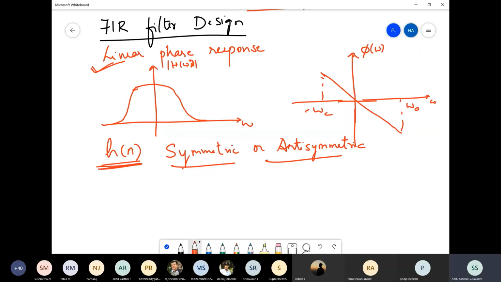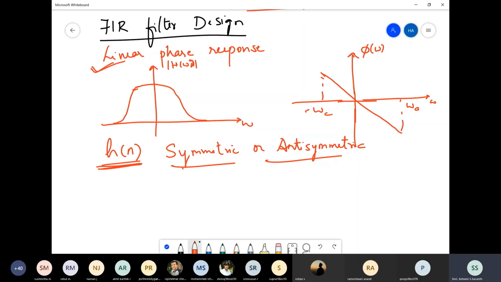When we say symmetric, symmetric about the origin is what we had seen before. Now the symmetry is about the midpoint of the signal. Once I say symmetry, the same thing holds good for anti-symmetry.